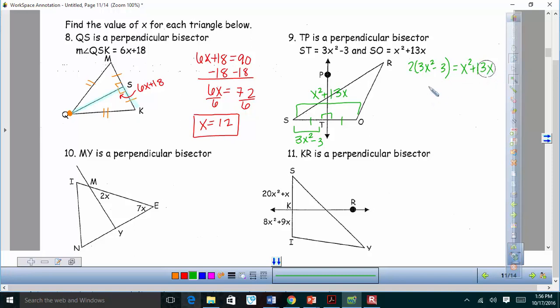Okay? So I'm going to take 2 and I'm going to multiply that out or distribute, and that's going to give me 6x squared minus 6 equals x squared plus 13x. Okay? So what are we going to need to do with all of our terms?